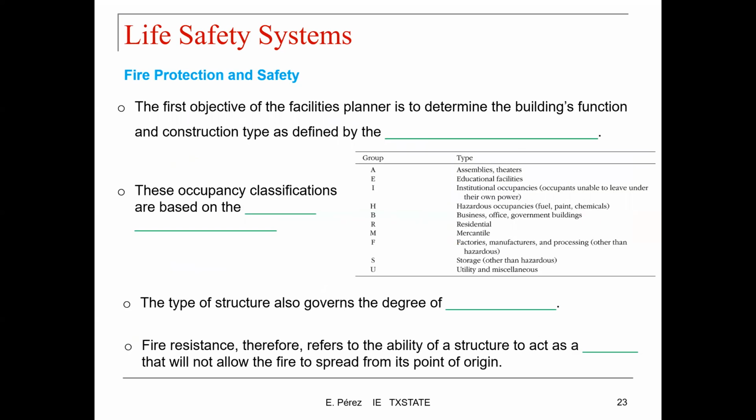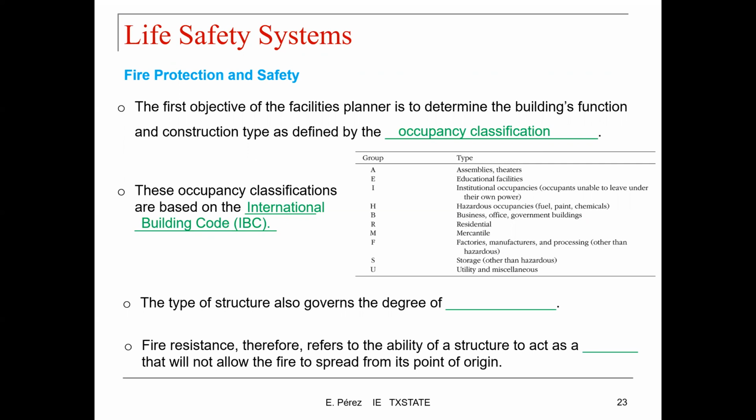In terms of fire protection and safety, the first objective of the facilities planner is to determine the building's function and construction type as defined by the occupancy classification. These occupancy classifications are based on the International Building Code, and they are listed in this table. So group A up to U, and then the type are listed in the second column.